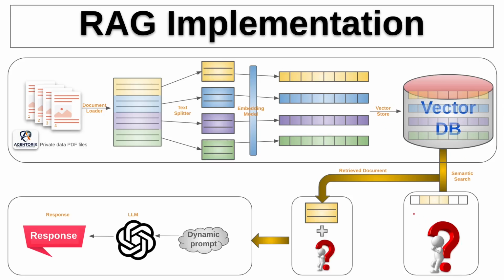When a user queries anything, this query will first be converted into vectors, then we perform semantic search and retrieve the most relevant document. With this most relevant document and this query, we will create a dynamic prompt, and we will provide this dynamic prompt to the LLM, and the LLM will respond to our message.